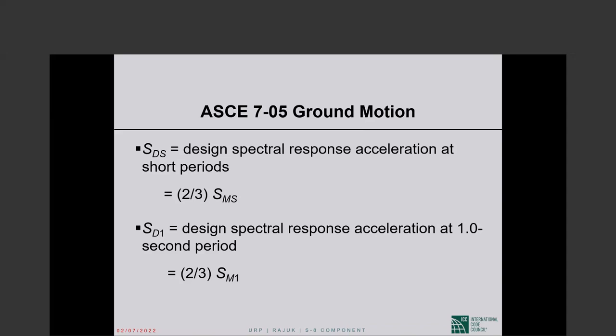So think of 1.5 as a margin of safety available in your structure.